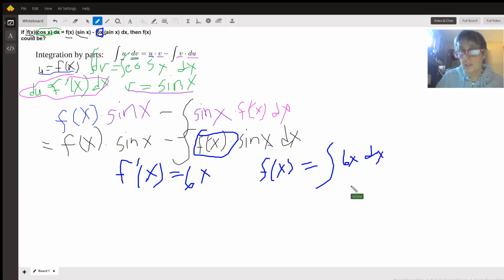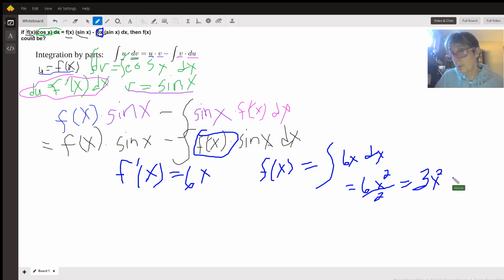And that gives us 6 times x squared over 2, which means that f of x could be 3x squared. It could also be 3x squared plus a constant, but this is the simplest of the possible answers. Thank you.